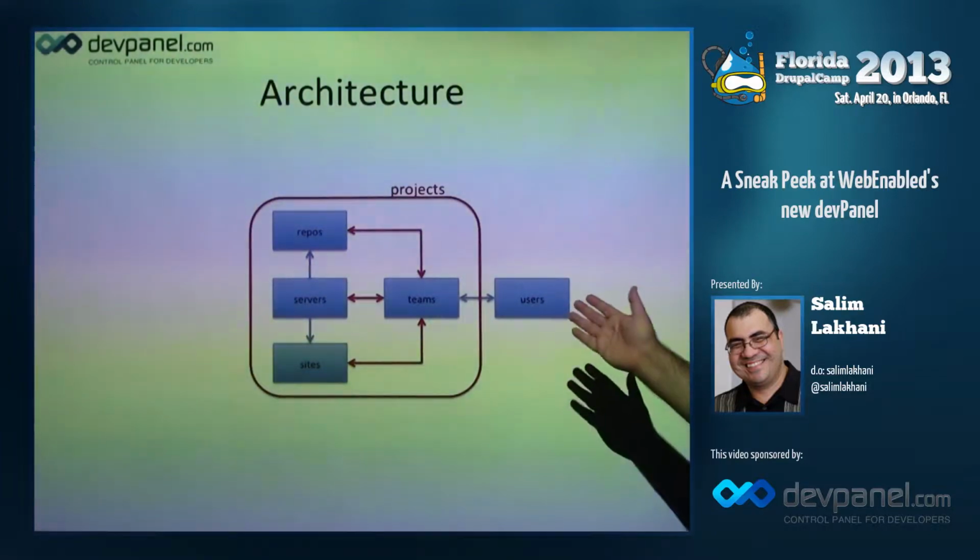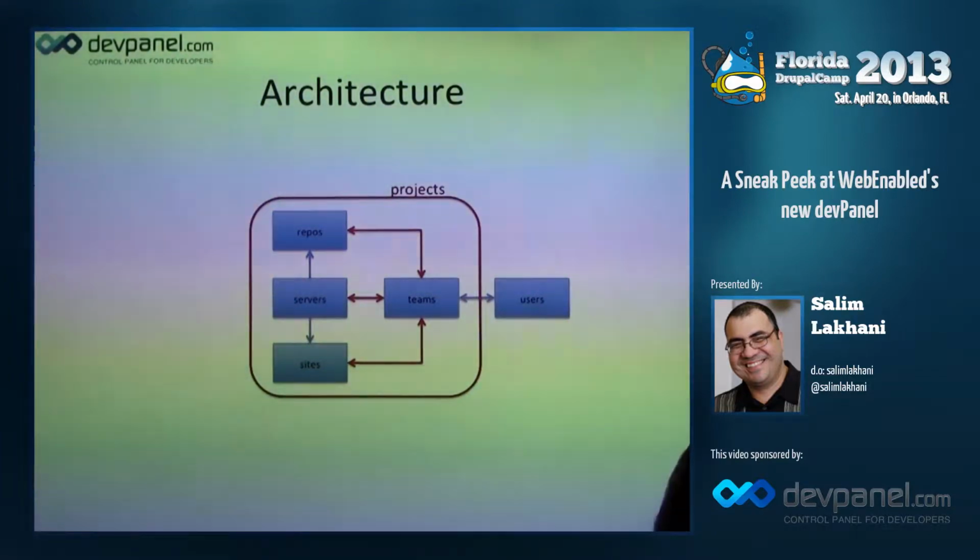Teams can be assigned to sites, to manage servers, or to manage repos. And that functionality comes together inside of projects. You can define a project, and put in servers, teams, repos and sites.